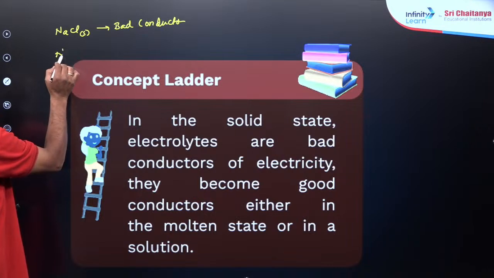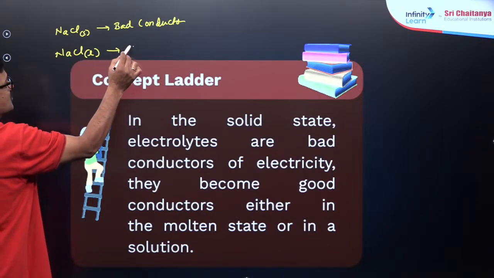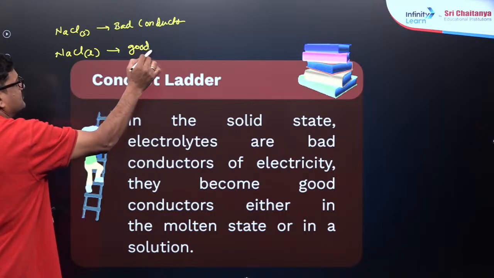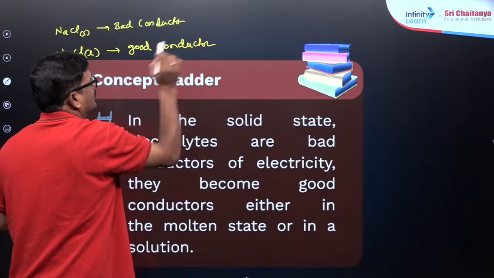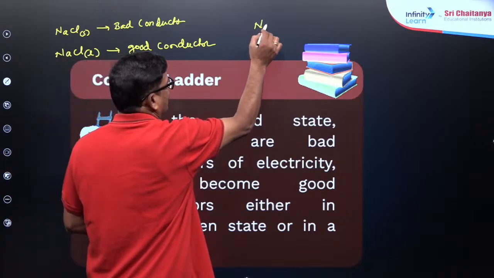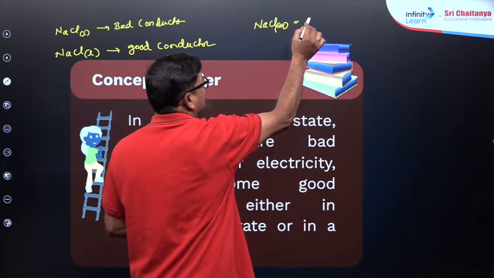When you see sodium chloride in the molten state, it's a good conductor. When you see sodium chloride in the aqueous state, it is an excellent conductor.